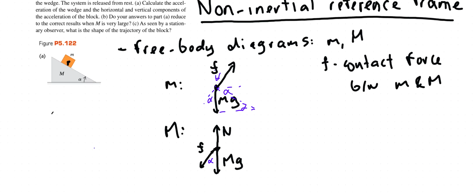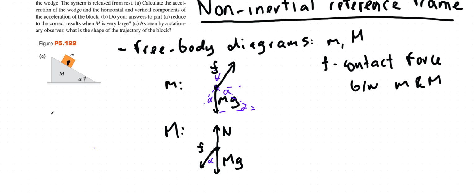Now we want to write the equations of motion of these objects. I'll start with the wedge, since it looks simpler. For the block, I'm going to use a tilted coordinate system.